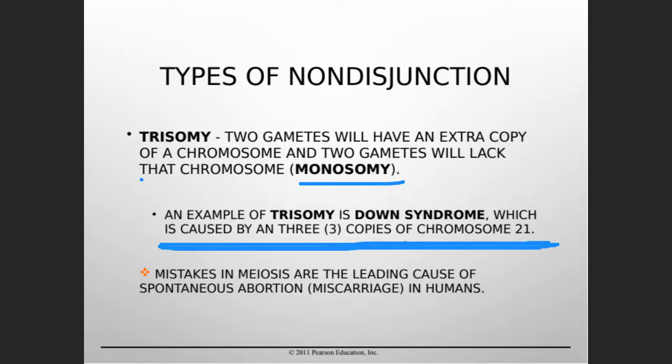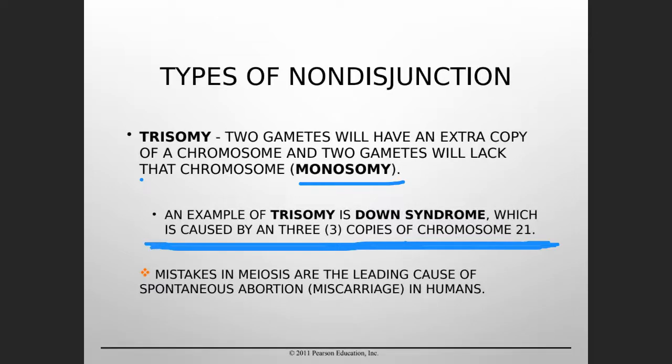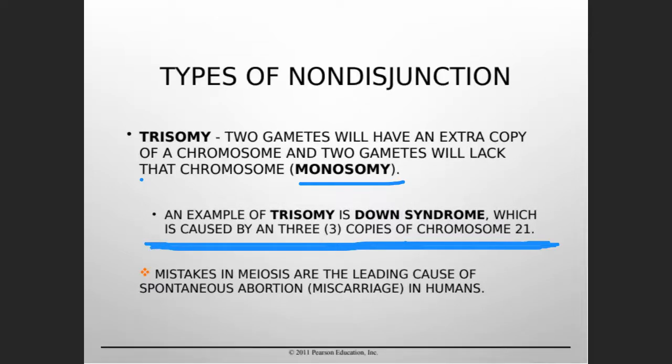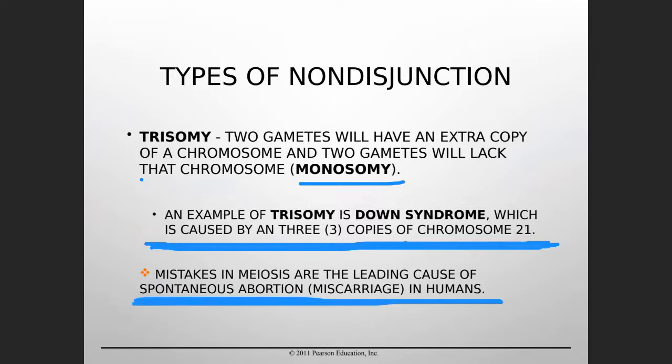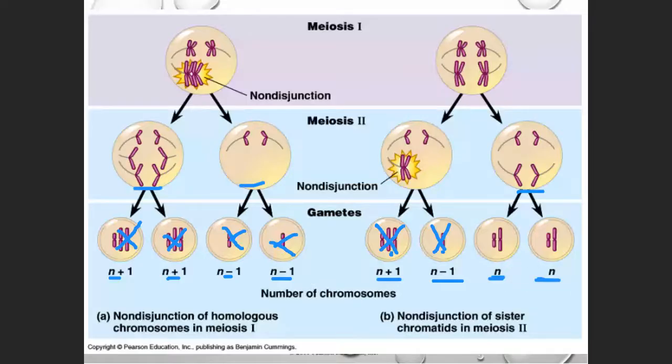Now they live, like I said, full, long, rich lives. Mistakes in meiosis are the leading cause of spontaneous abortions or miscarriages in humans. That's what I talked about. Usually these are what we call embryonically lethal when you have these changes in chromosomal numbers.